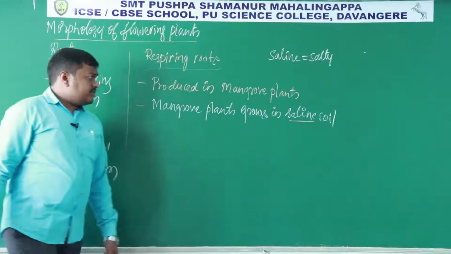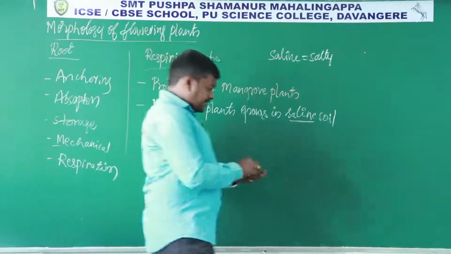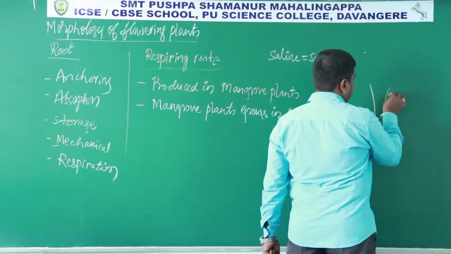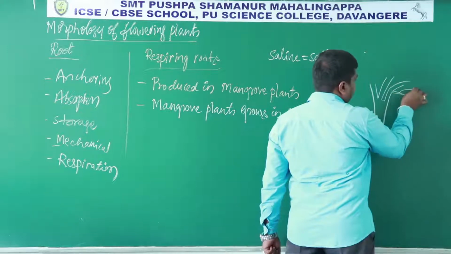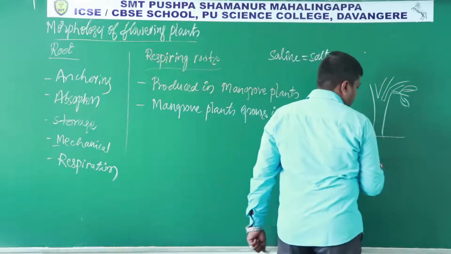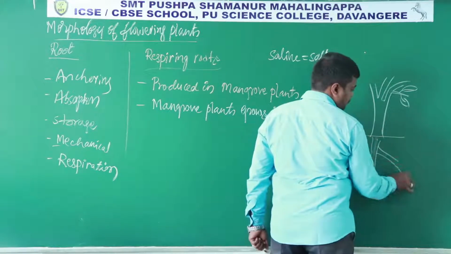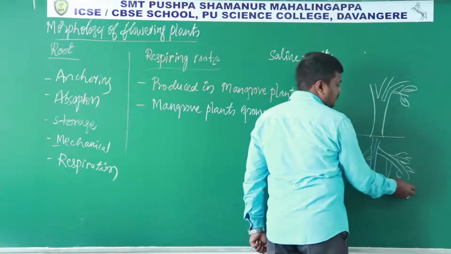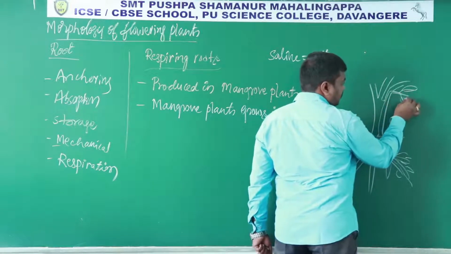Plants which grow in saline conditions face some problems. Suppose these are the plants, with branches, and they produce leaves. When they absorb water through the root system, the water is transported to the leaf.